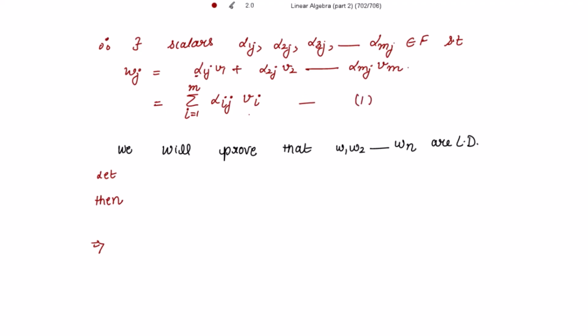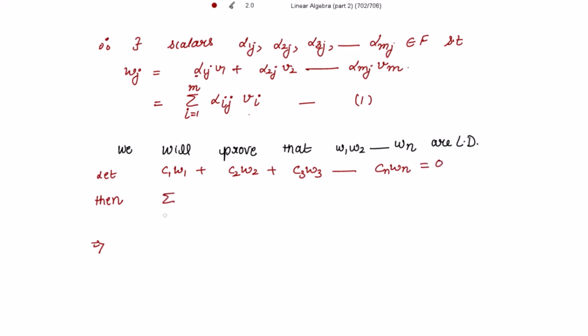Now we will prove that these W1, W2, up to Wn are linearly dependent. Then only we can reach the contradiction. Let's prove that this is linearly dependent. So let C1 W1 plus C2 W2 plus C3 W3, and so on, Cn Wn be equal to 0.